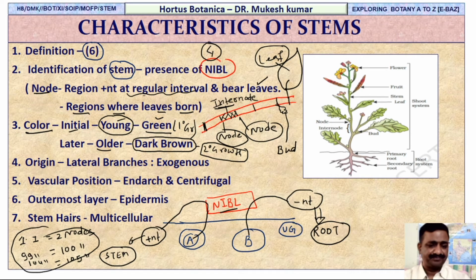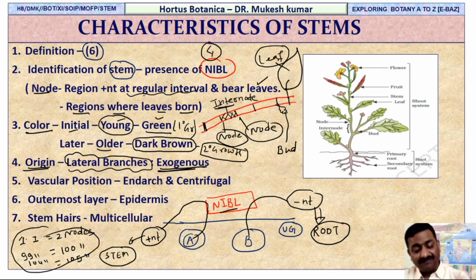Okay, now talk about the origin. Remember, we studied in root. Root origin was endogenous, but here you are finding the lateral branches of a stem are exogenous, meaning they will arise outside the endodermis.